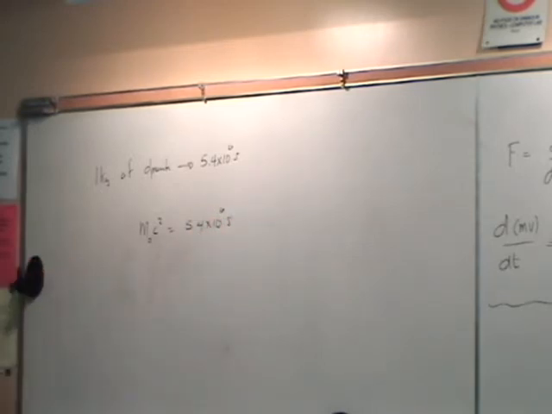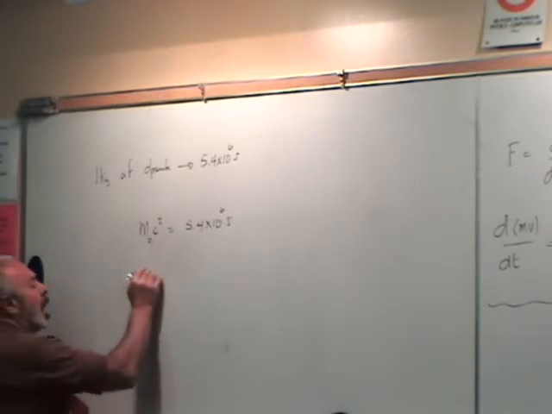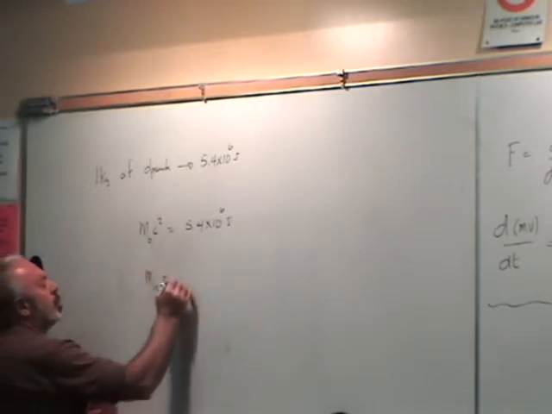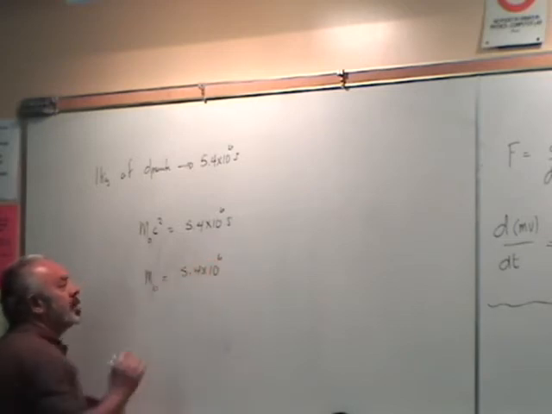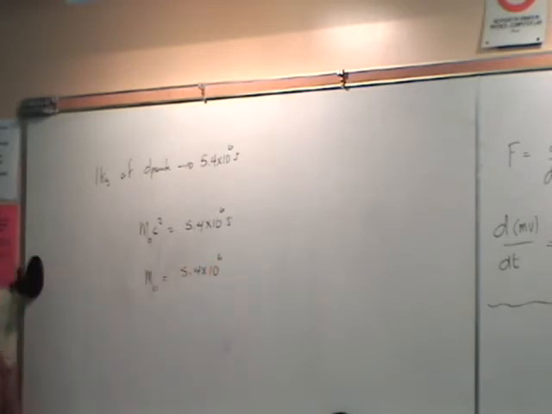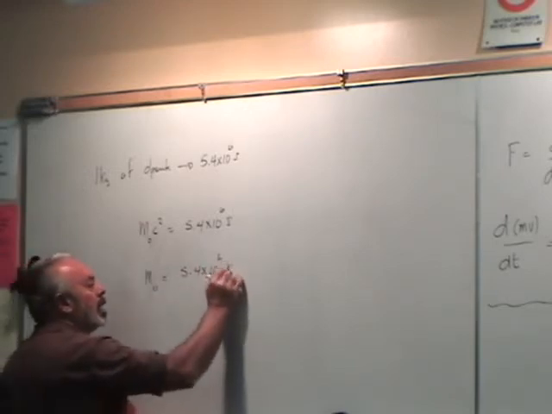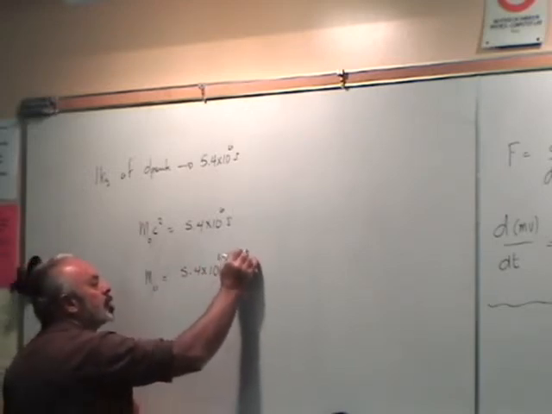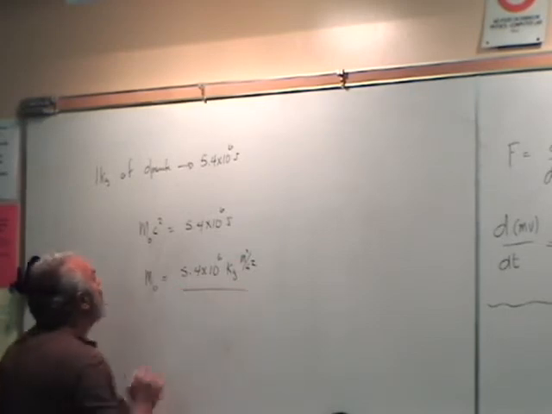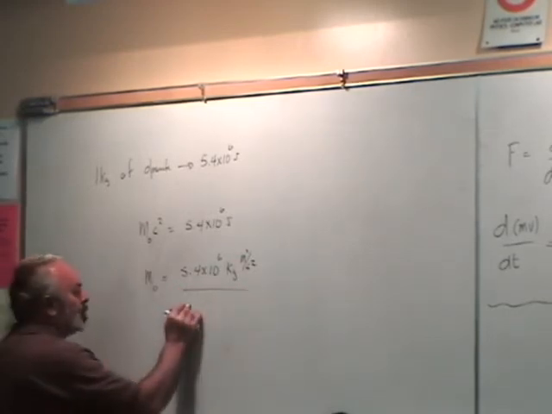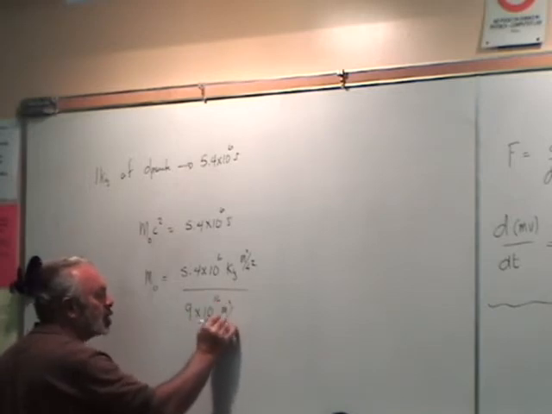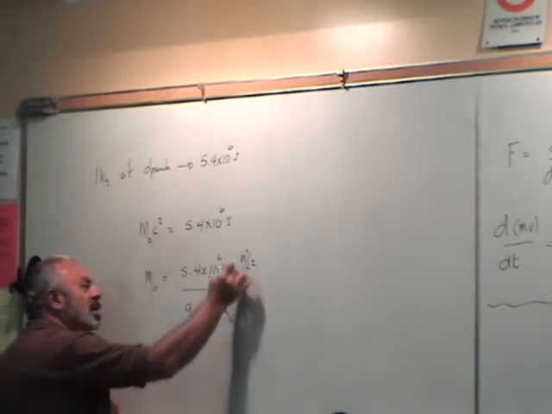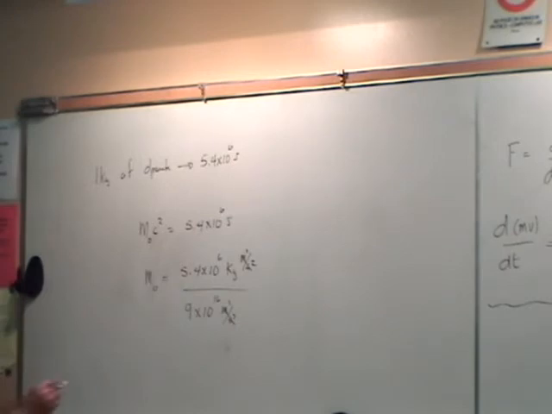How much mass disappeared in this reaction? So m naught is going to be 5.4 times 10 to the 6, what are the units on joules? kg meters squared per second squared, divided by c squared, which is 9 times 10 to the 16 meters squared per second squared. Nicely, the units work out beautifully.